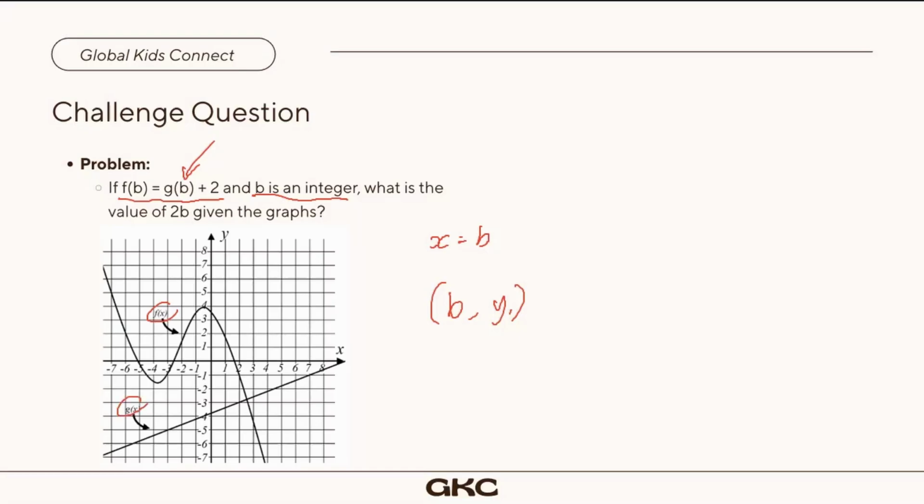And so we have to find a point where the x is equal to b, which is also an integer, and where the y value of the graph of f of x is greater by 2 compared to g of x.